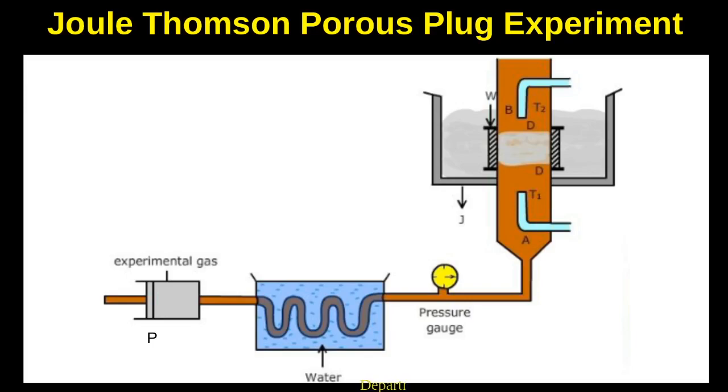This particular temperature at which the Joule-Thomson effect changes sign is called the temperature of inversion. That is, the temperature at which the Joule-Thomson effect is zero and changes sign is known as the temperature of inversion, and it is denoted by Ti. At this temperature we can write the equation 2a/RTi = b.